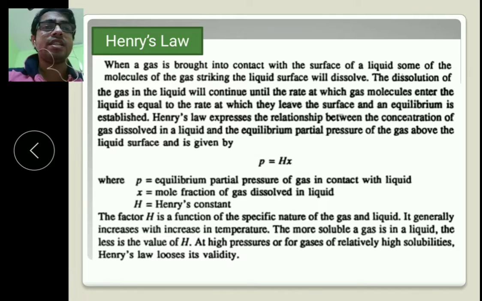Next we have Henry's law. When a gas is brought into contact with the surface of a liquid, some of the molecules of gas striking the liquid surface are dissolved. It means, suppose we have liquid, and over that we have gas. Suppose the liquid is water, and above it there is a gas, I mean air, in which moisture is present.